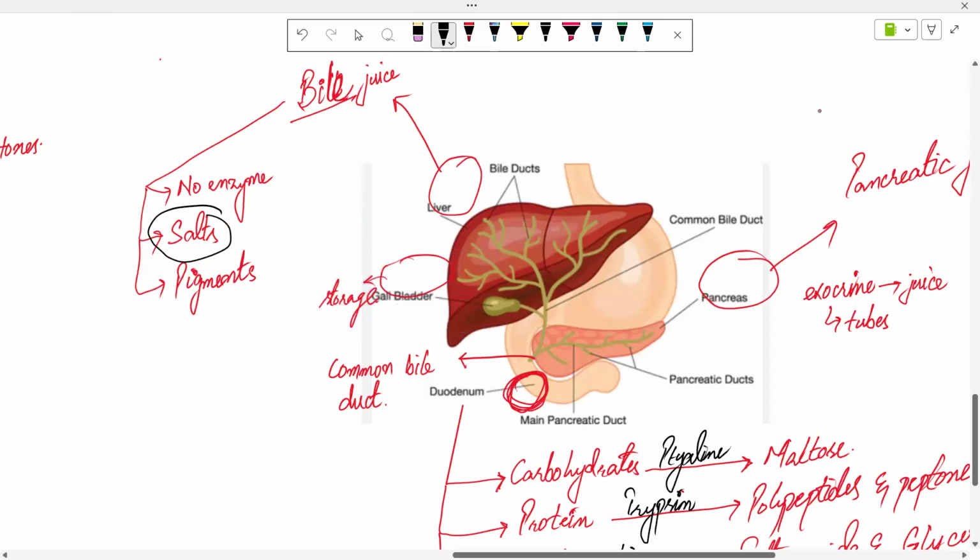Bile salts help in the process of emulsification of lipids. What is emulsification?